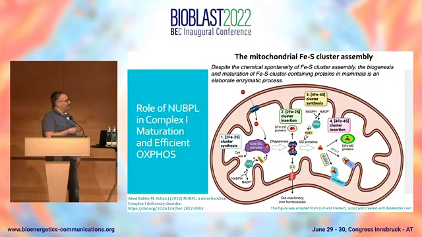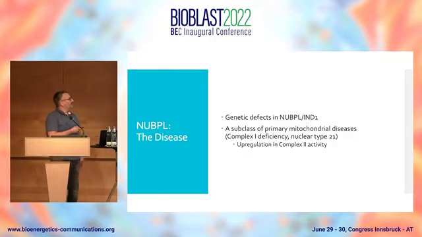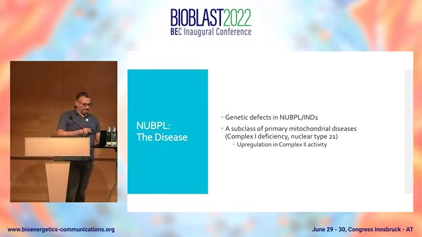So NUBPL is an extremely important protein for complex 1 health. And genetic defects in NUBPL lead to a subclass of primary mitochondrial disease. It's called complex 1 deficiency nuclear type 21 with a concomitant increase in complex 2 activity as a compensatory method.